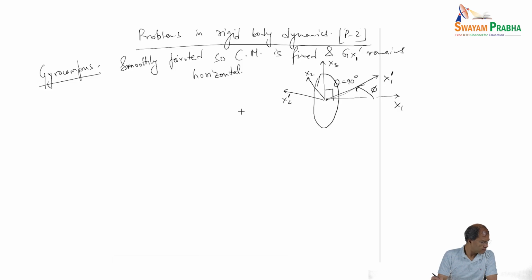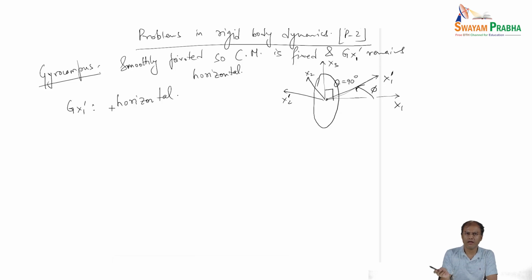Okay, so then what we have is that GX1 prime is horizontal, so this remains horizontal, and the gyroscope is free to rotate about GX1 prime.